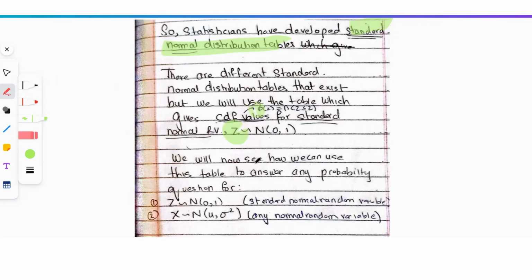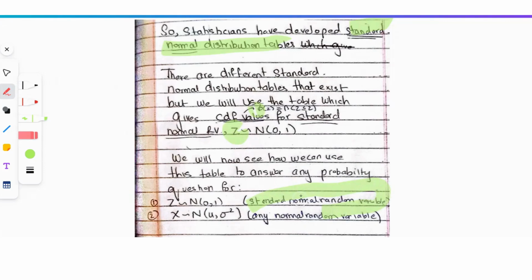So we have different standard normal distribution tables that help us answer probability questions for normal random variables. The table that we'll use is the one that provides the CDF values for standard normal random variables. We'll see how we can use this table to answer probability questions for a standard normal random variable itself, and not just that, but it can answer probability questions for any general normal random variable.